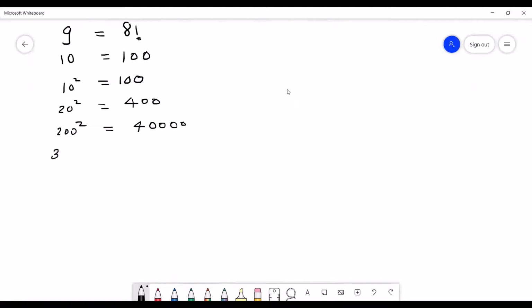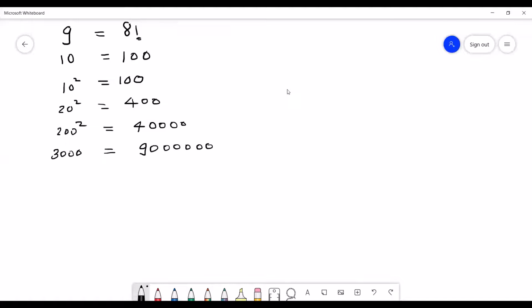What is the square of 3,000? Then it is 9, then it will come 6 zeros. Okay, what does it mean? Square of any number with the unit place as 0 will be having double the number of 0s it is having in that number.